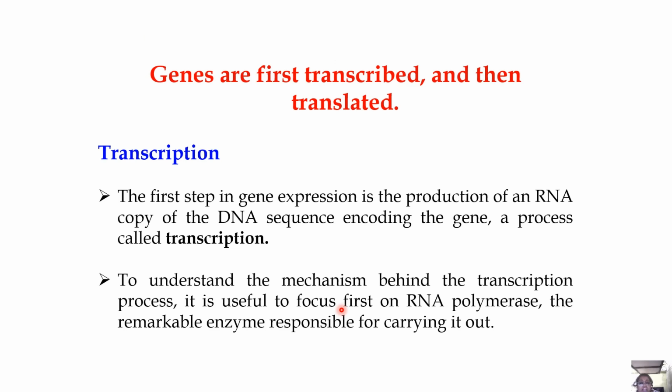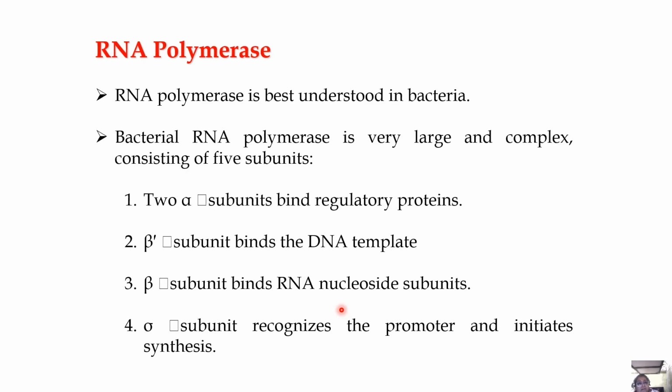The first step of gene expression is the production of an RNA copy of the DNA sequence including the gene, a process called transcription. To understand the mechanism behind transcription, it is useful to focus first on RNA polymerase, the remarkable enzyme responsible for carrying it out. RNA polymerase is best understood in bacteria.